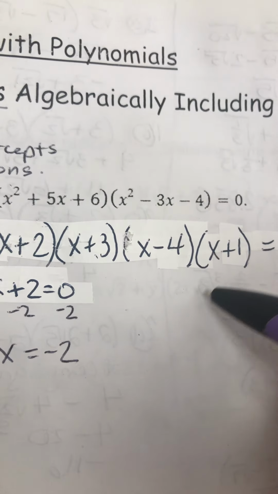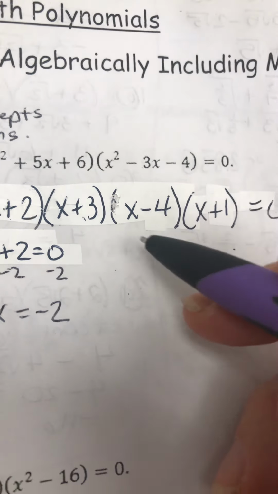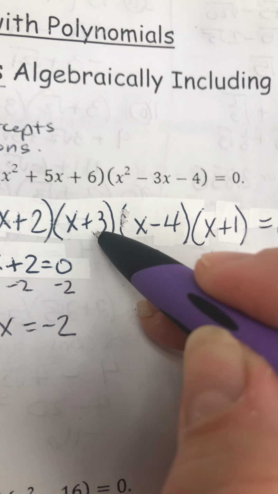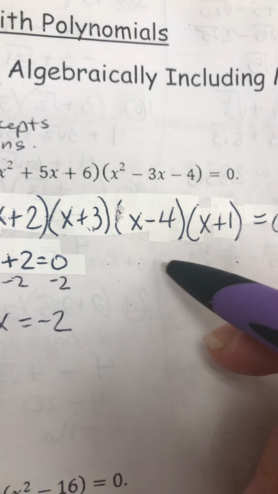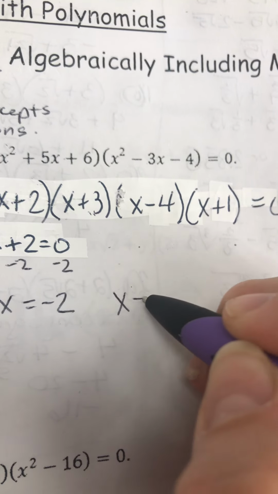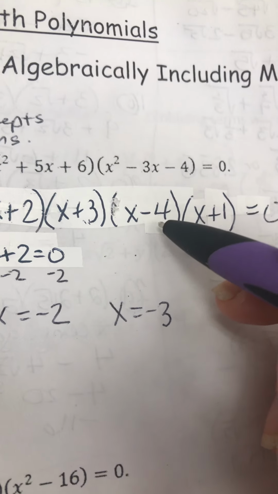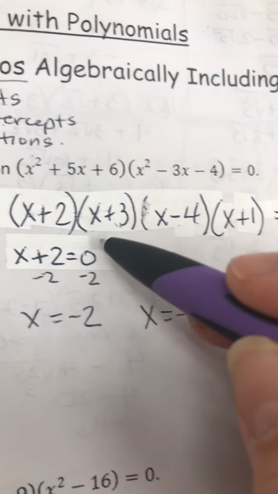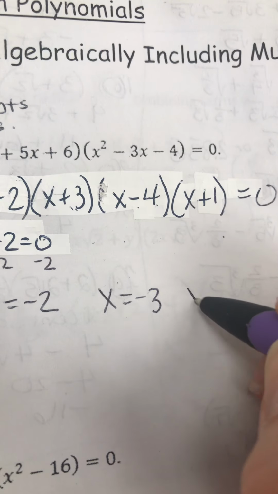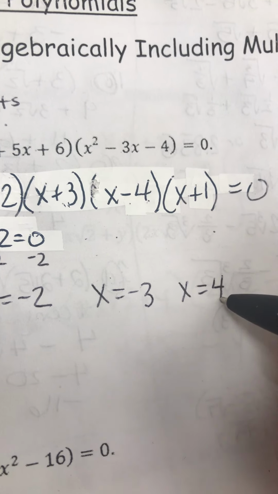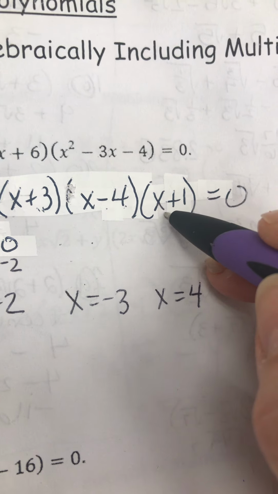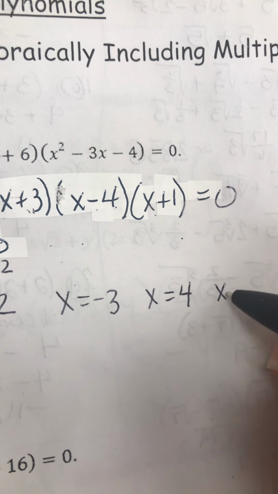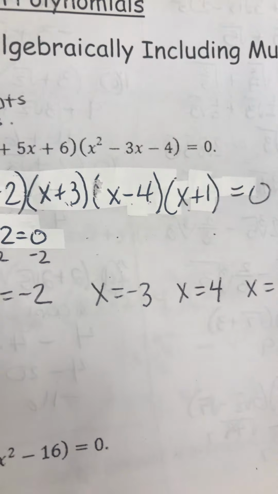I'm not going to do that for each one because by Algebra 2 you should know that if I were to put x plus 3 equal to 0, I'm going to get x equals negative 3. If I were to put x minus 4 set equal to 0 and solve, I would get x equals positive 4. And if I were to put x plus 1 set equal to 0, I would get x equals negative 1.